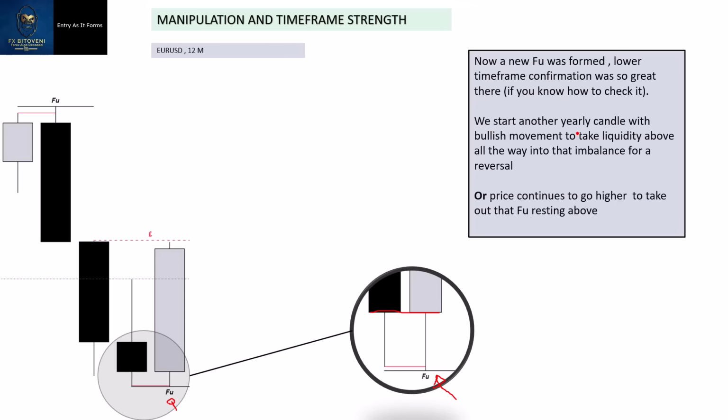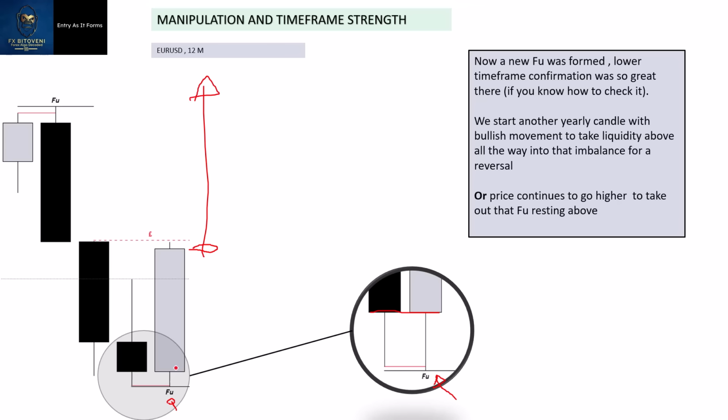So we start another year candle with bullish movement to take liquidity above, all the way into that imbalance for a reversal, or price continues to go higher to take out that FU resting above. What do I mean? We have got an FU here, so we start another year candle with a bullish direction.